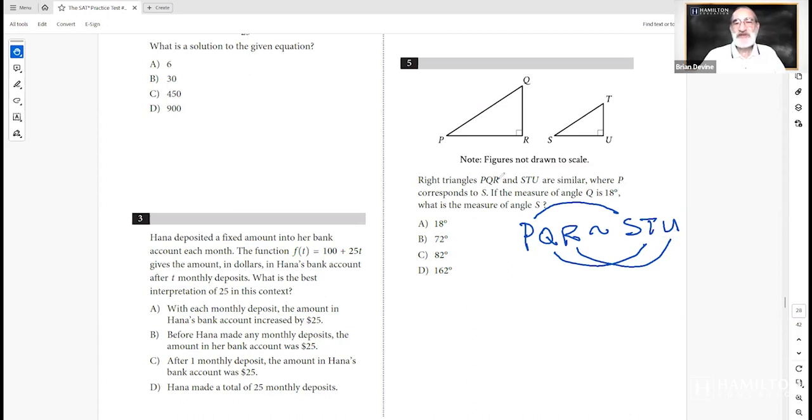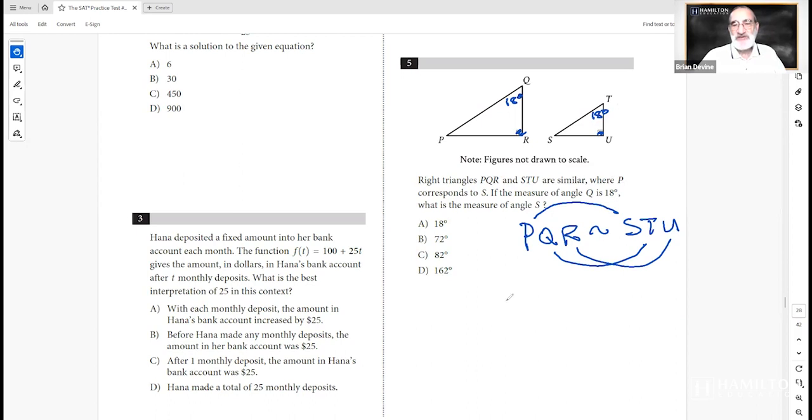And they say, hey, if these are similar, where P corresponds to S, that's what we just said, if the measure of Q is 18 degrees, well, that means T is also 18 degrees. And since we have a right angle at R and U, then S and P must both be 90 minus 18.